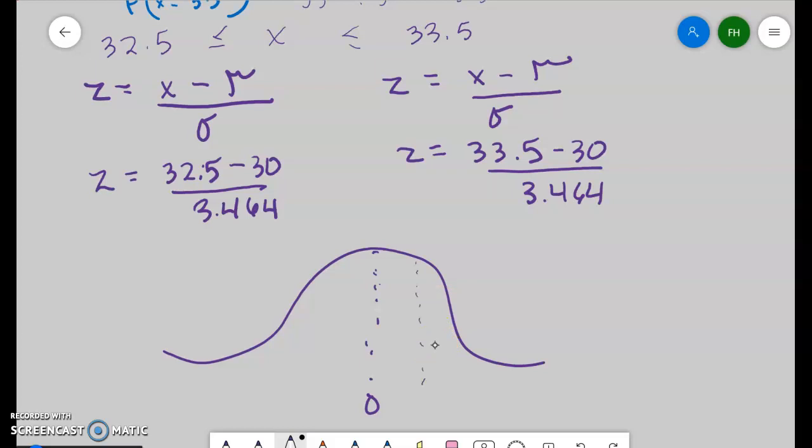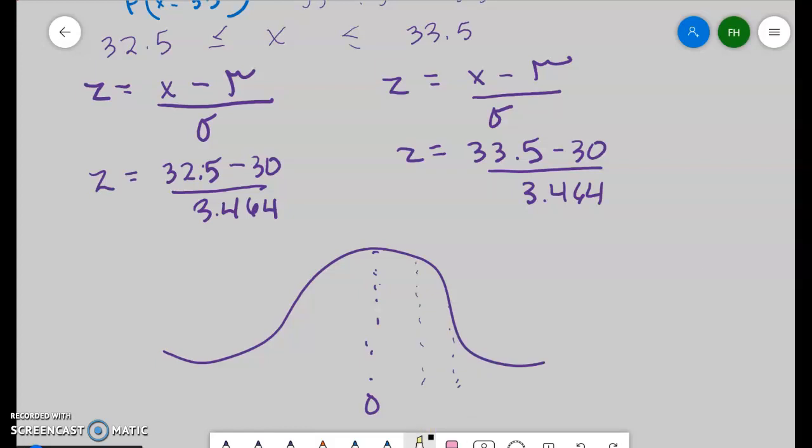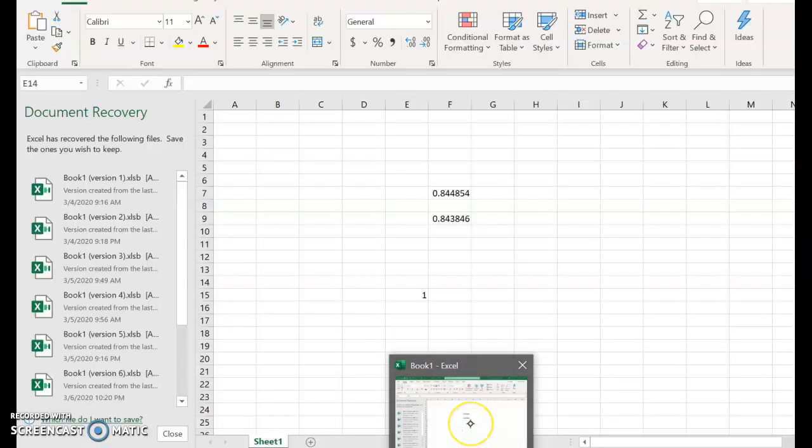Let's just say there's one right here and one right here. And we know the probability of the first value, the smaller value, is going to be all the way up to this point. And we found that probability. That was our first value.